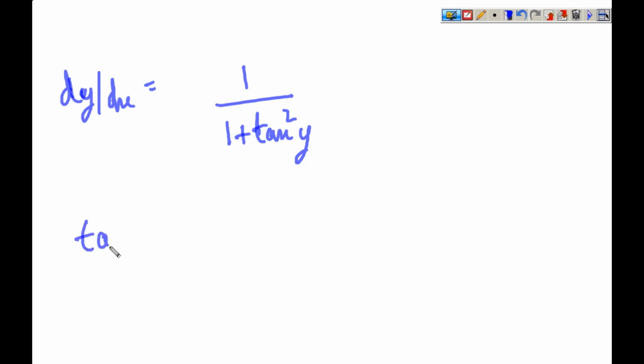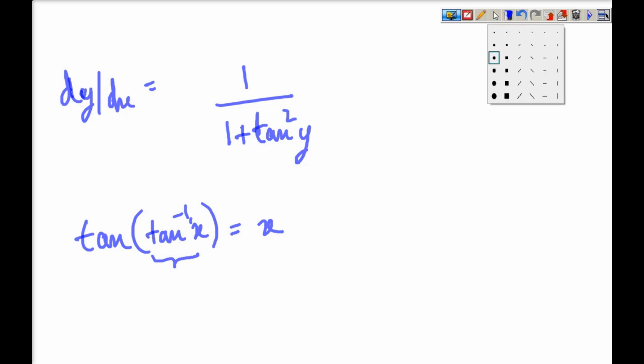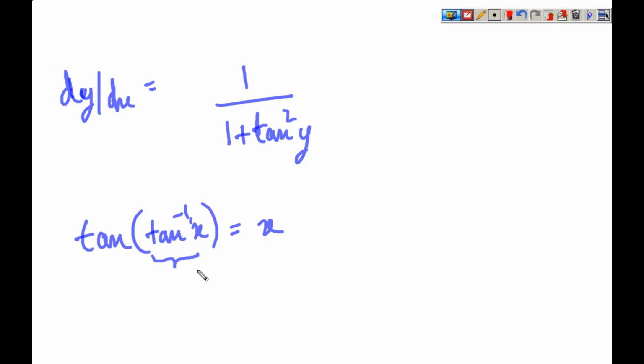And also tan of tan inverse x is equal to x, because tan inverse x is y and tan y is x.